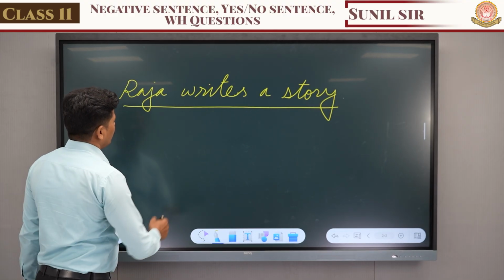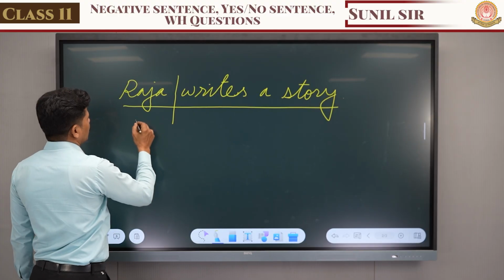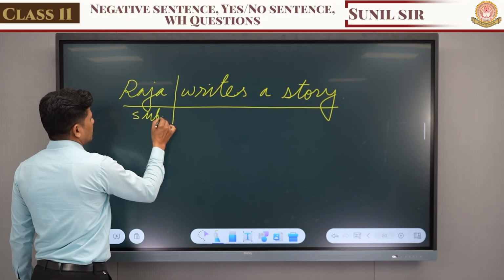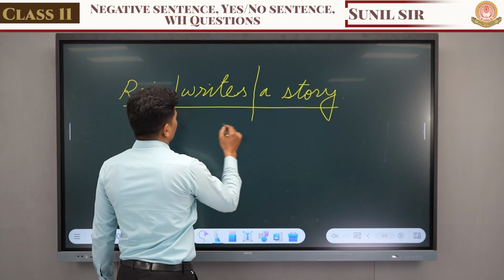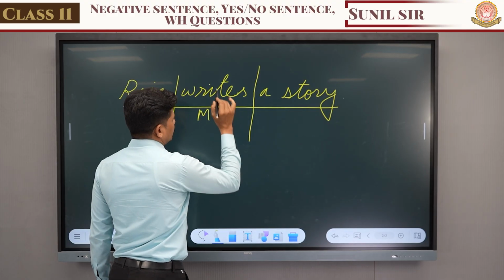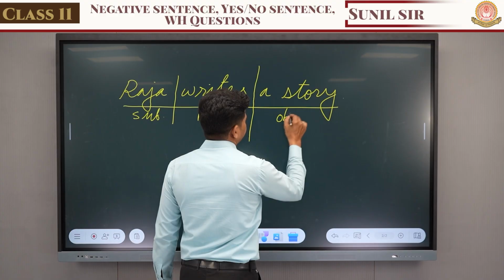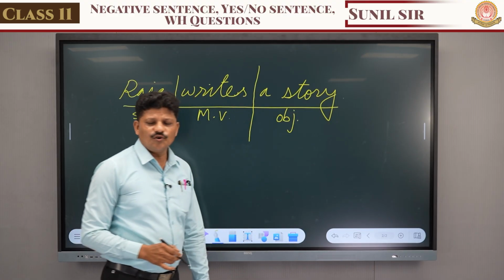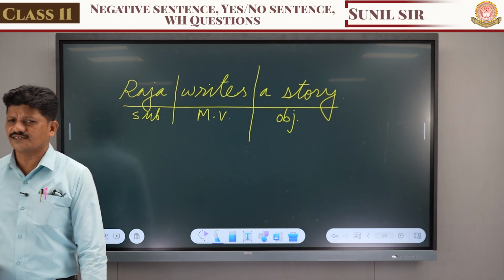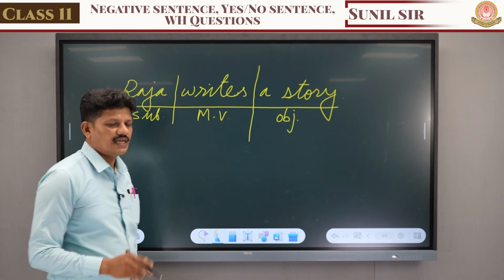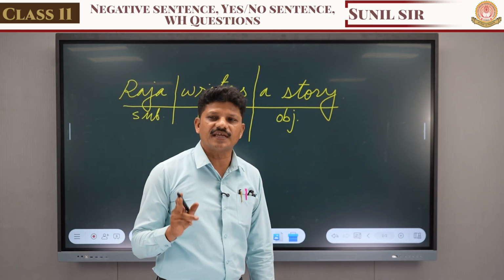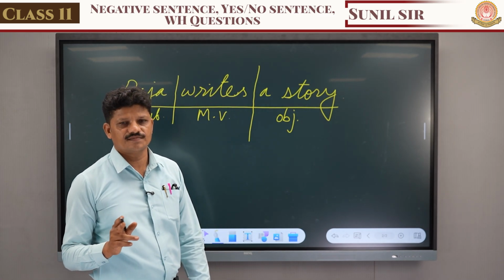If we divide according to the grammar, Raja becomes the subject, writes becomes the main verb, and a story becomes the object. Do you find a helping verb in this sentence? Yes, there is a helping verb, but we cannot see it, it is unseen.